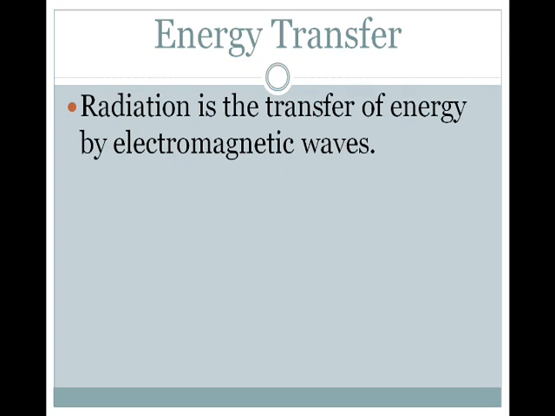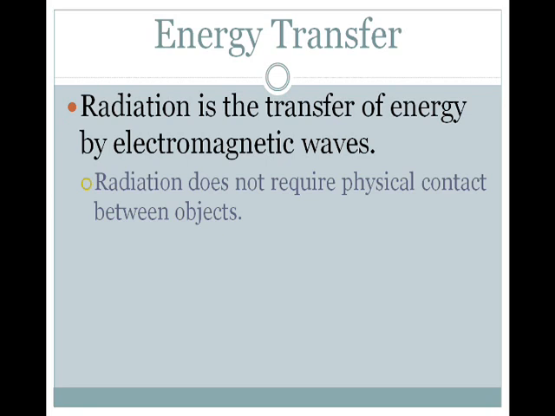Radiation is the transfer of energy by electromagnetic waves. So this does not require physical contact between objects, okay? This is just a transfer of electromagnetic waves, which we talked about in a couple of videos ago. Electromagnetic waves are a lot of times associated to light.